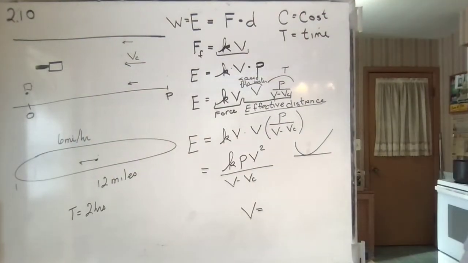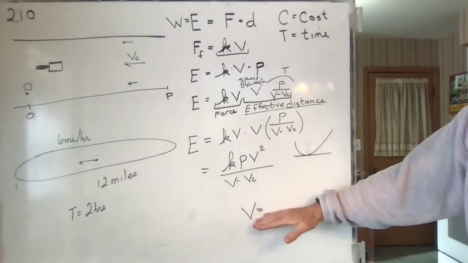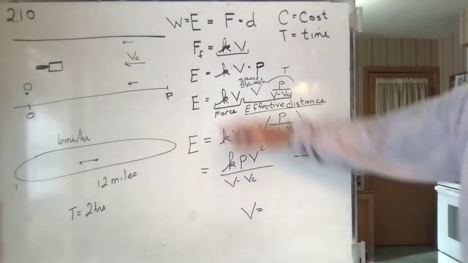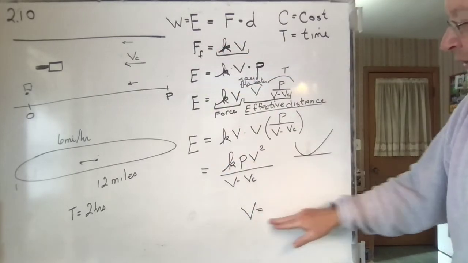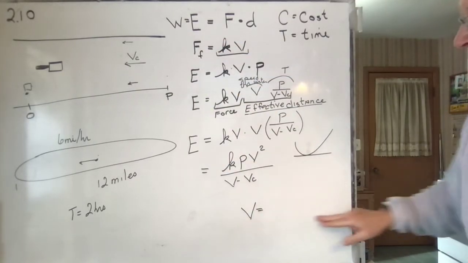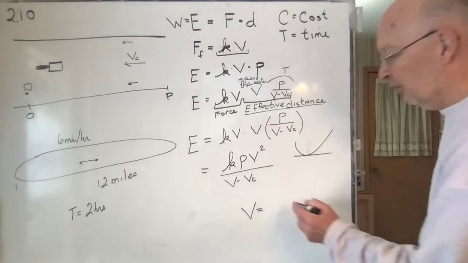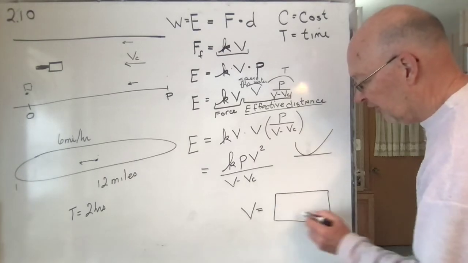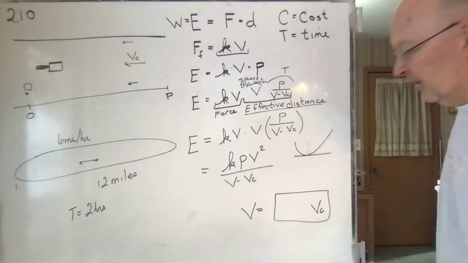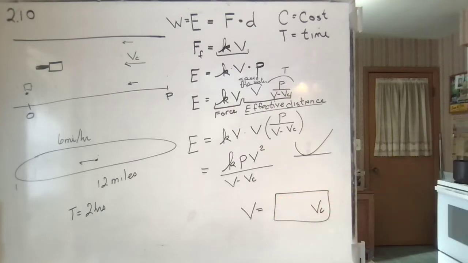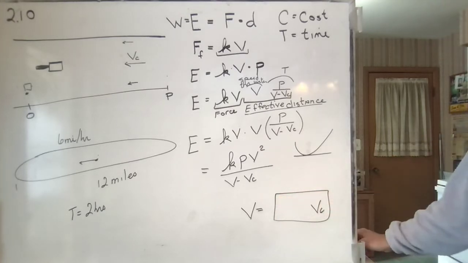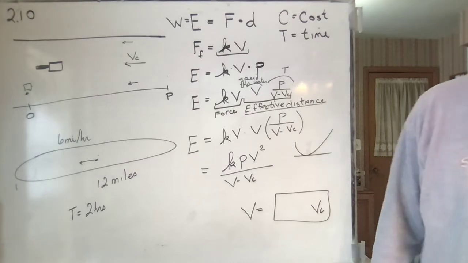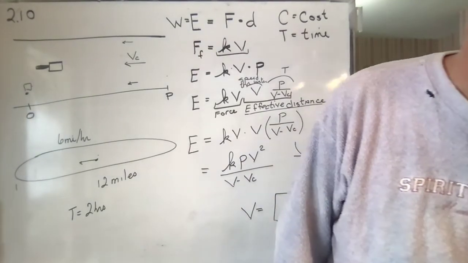Whenever you want to go up a river and you want to do it in the minimum amount of energy, minimum amount of work, then whatever you get here as an answer, that's going to be your result. And your answer is going to be just in terms of the current. Okay, it's going to be something just involving the speed of the current. Okay, so see what you can get. Okay, so that's that part.